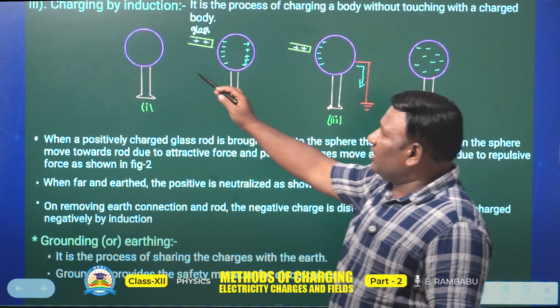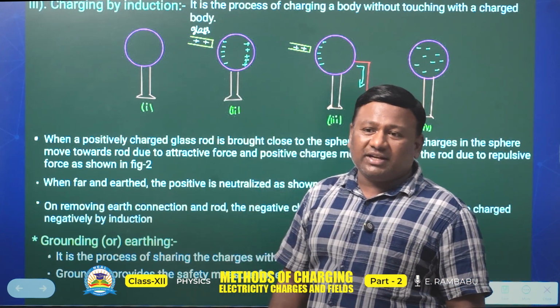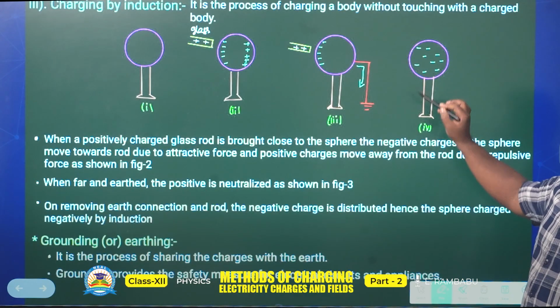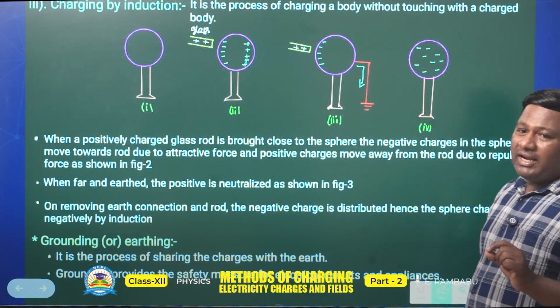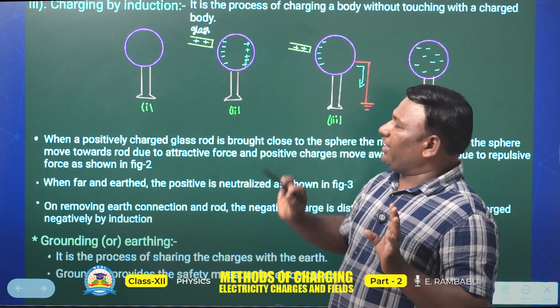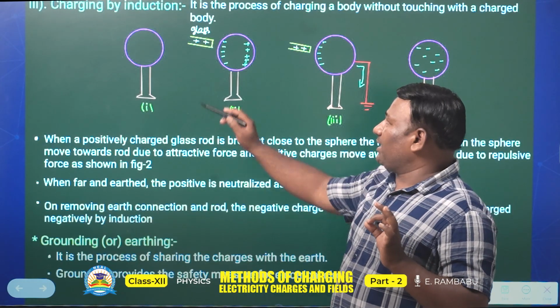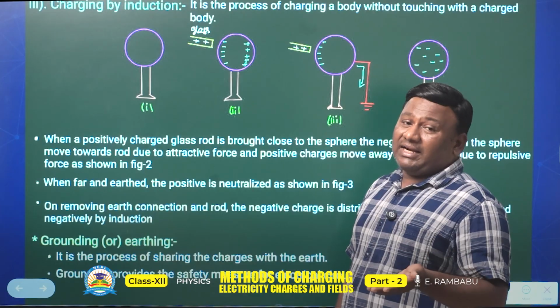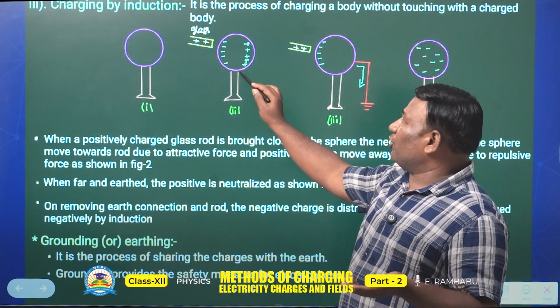So here, initially an uncharged sphere is given, and finally it is negatively charged. So in this method, without contact with a charged body, we can electrify or charge a neutral body.